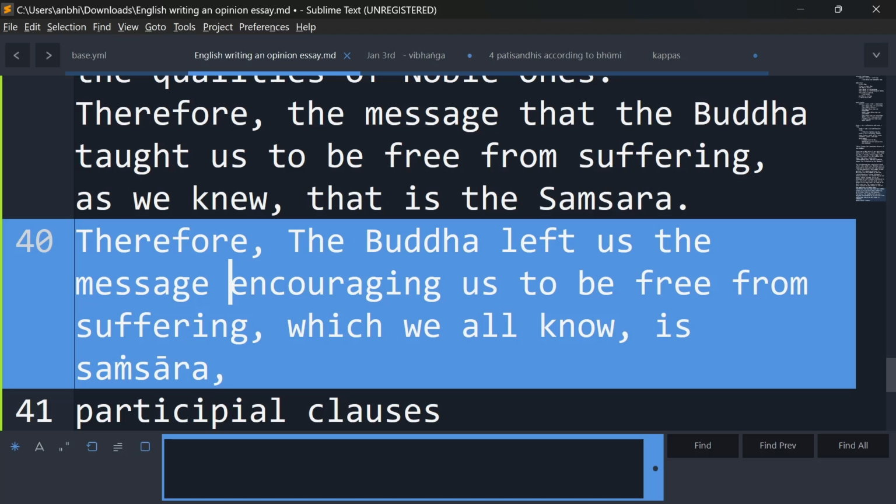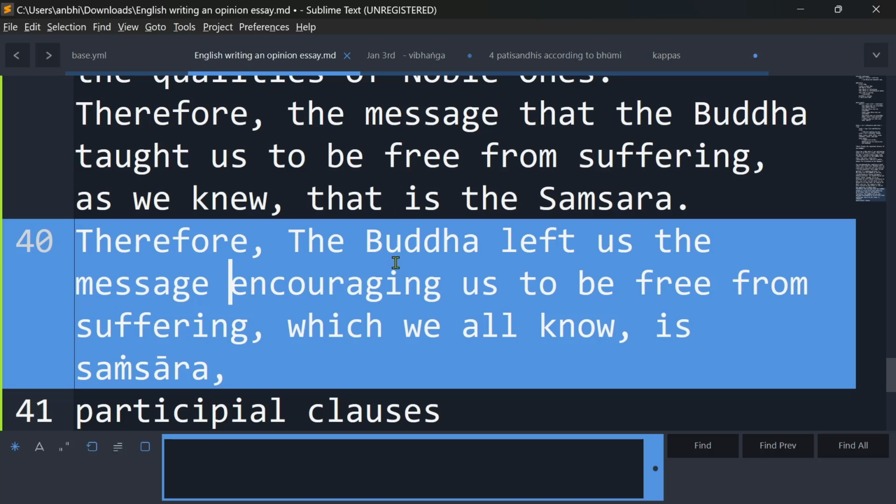There is no comma. I think it's because of this. The Buddha left us the message. This message is encouraging us to be free from suffering. Do you understand?